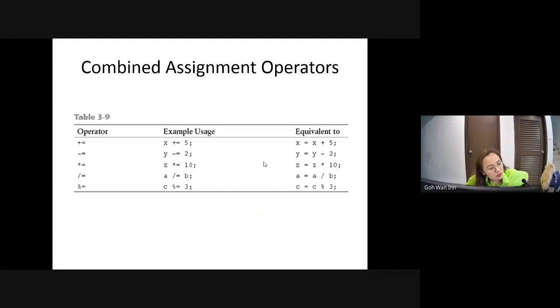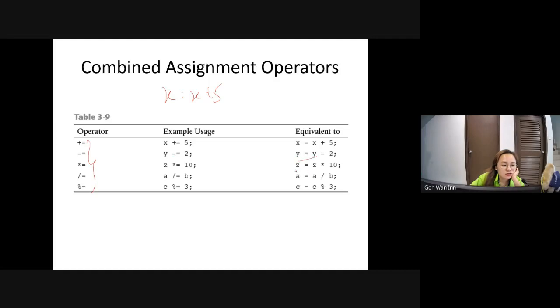Combined assignment operators. Now you have some simplified operators. When you write x plus equal to 5, it means x is equal to x plus 5. Y minus equal to 2 means y is equal to y minus 2.